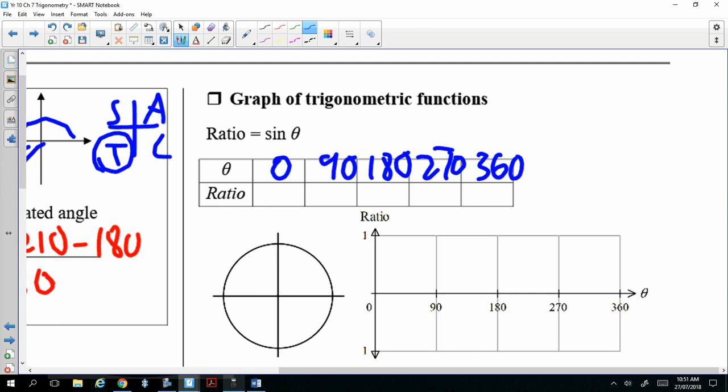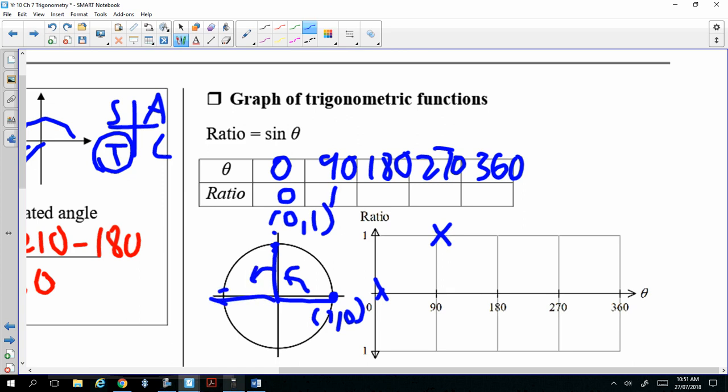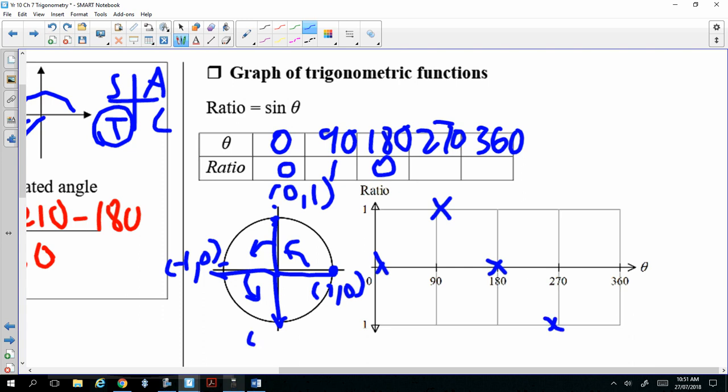When 0 degrees, the y value is 0, right? The next one, it goes to 90, the y value becomes 1. And then goes back to 180, which is 0 again. And then goes to -1, 0, -1, and then goes back to 0. So you get what we call the sine graph. Okay? It goes around in a circle. As you go around the circle, we trace out a curve like this called the sine graph.